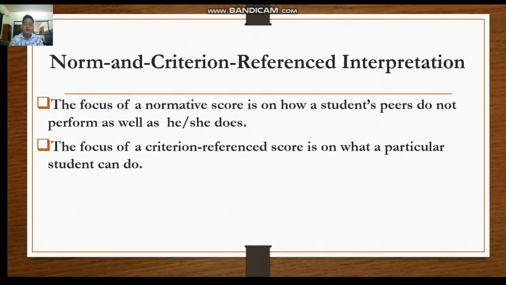Again, in the criterion reference interpretation or assessment, we compare students' performance against the set standard or criteria given by the teacher for that specific competency, skill, or ability. Okay, so that's norm and criterion reference interpretation in assessment.